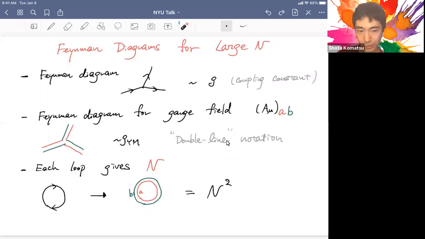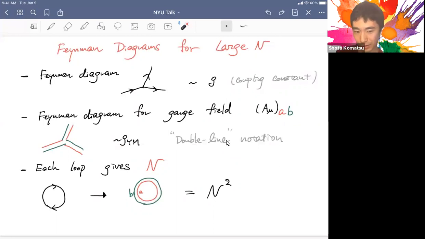And if you want to draw the same kind of diagram for the gauge theory, because the gauge field carries extra 2 indices, it's natural to consider the flattened version of the Feynman diagram, which consists of 2 lines. This is called the double line notation, and this comes with the Yang-Mills coupling constant.